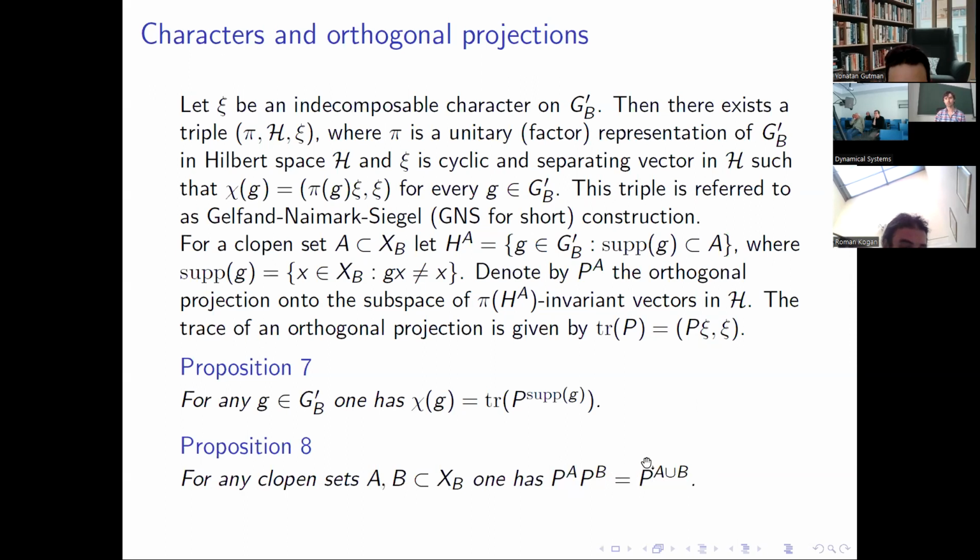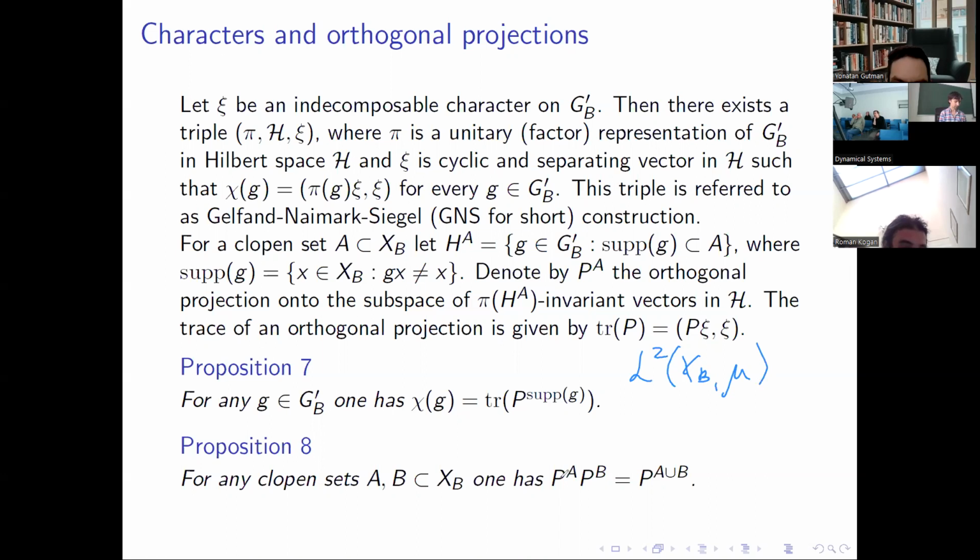For instance, in the example which I explained before, we have the Koopman representation acting on L2 of (X, mu), with some invariant measure mu, by shifts.